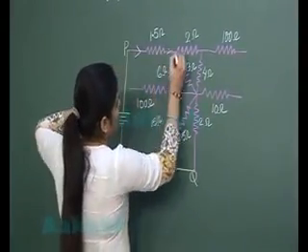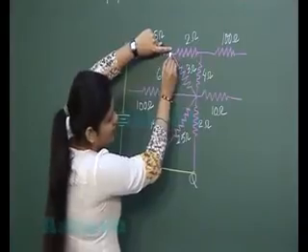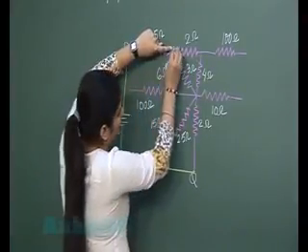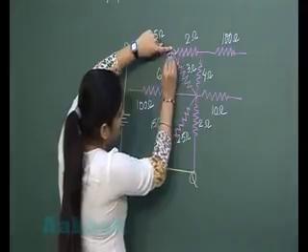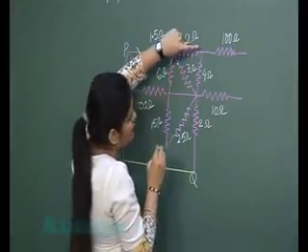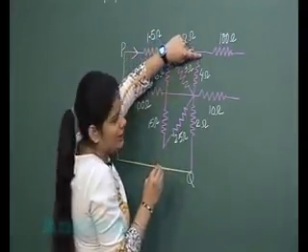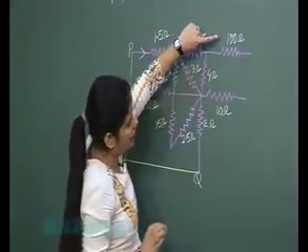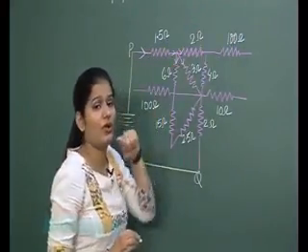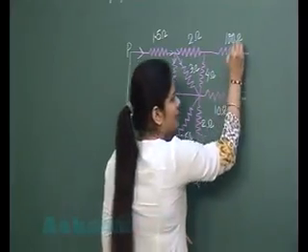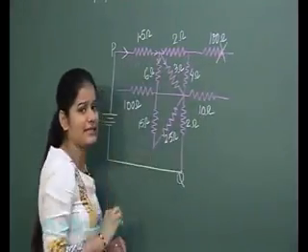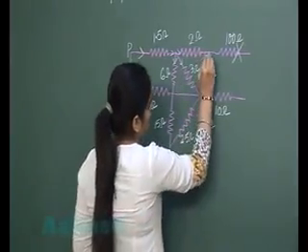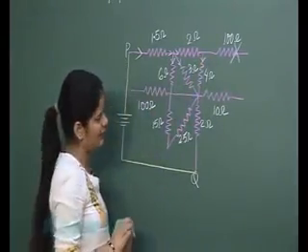When current comes here, it gets divided into these branches like this. Now at this junction, the circuit is not completed along this side, so current will not flow through this resistance, hence this resistance is omitted.